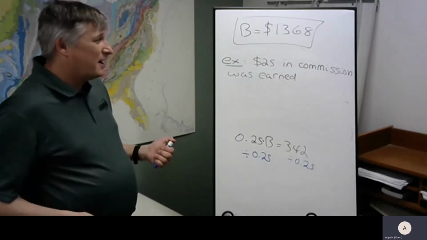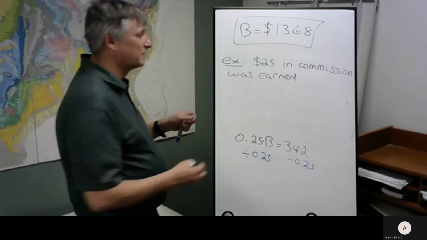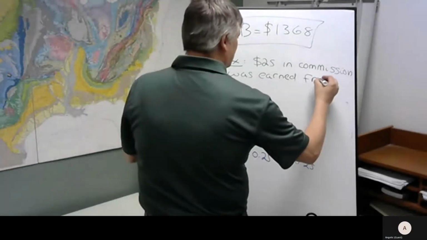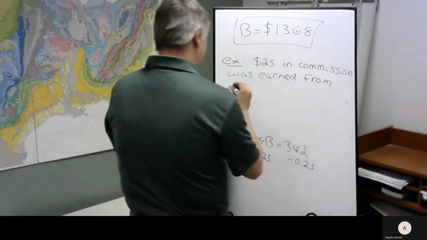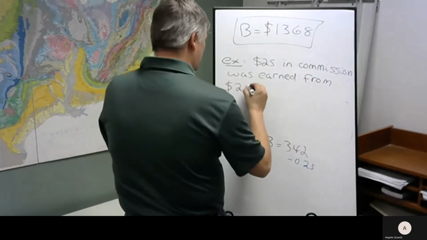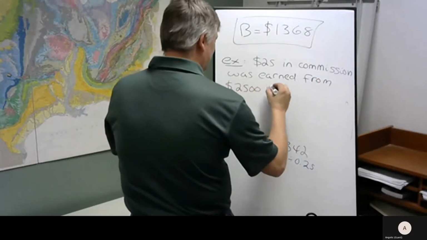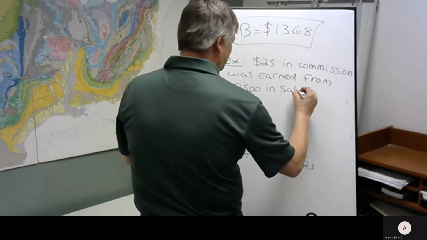So let's say $25 in commission was earned from $2,500 in sales.